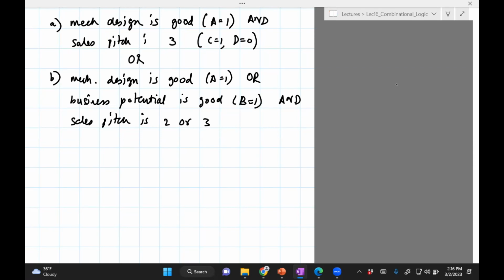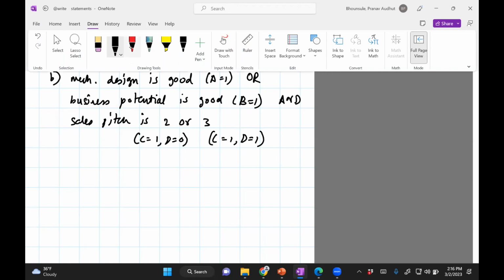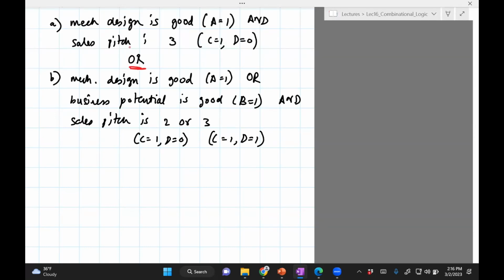So 2 is C equals 1, D equals 0, and 3 is C equals 1, D equals 1. Okay, so the keywords, remember, this is or, this is or, this is and.